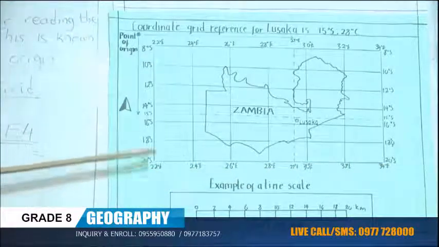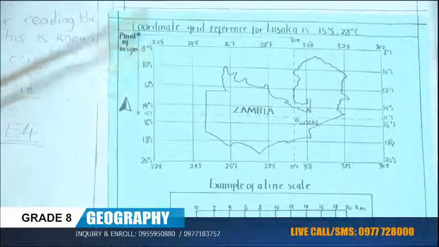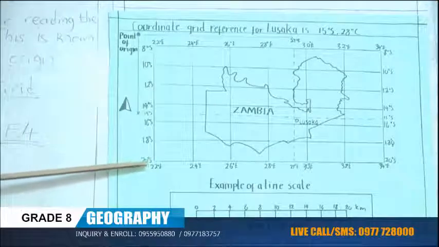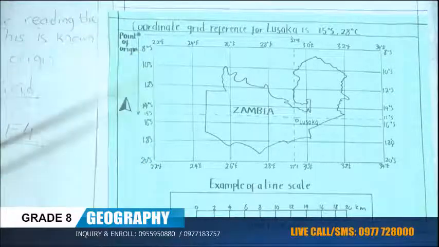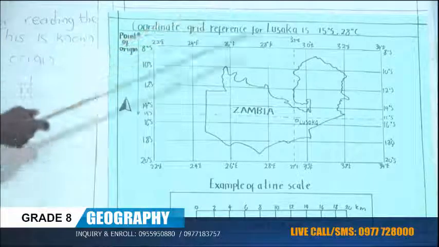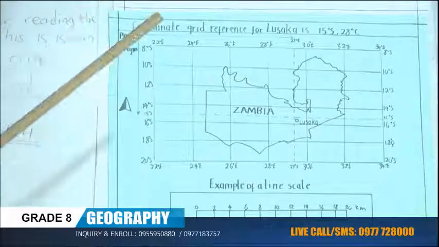The horizontal lines. I'll start with the north. Okay, it's fine, don't worry. But let me start from the smallest. This one is 8 degrees south. I guess we don't have the north, so it's taken from the two sides.